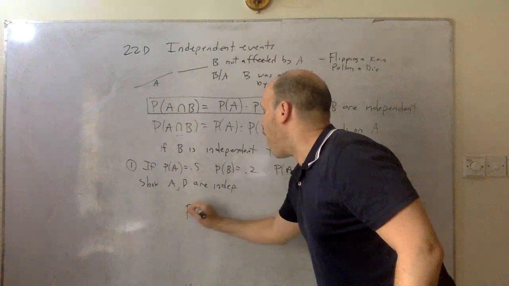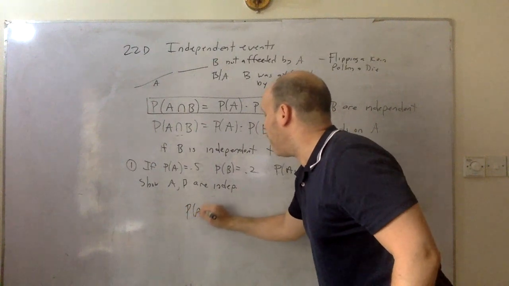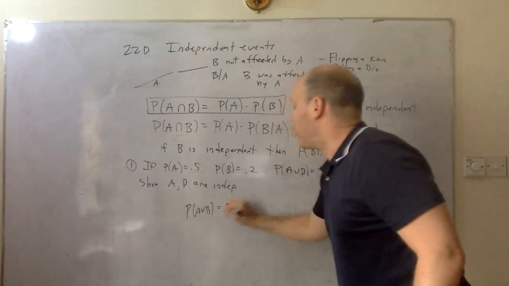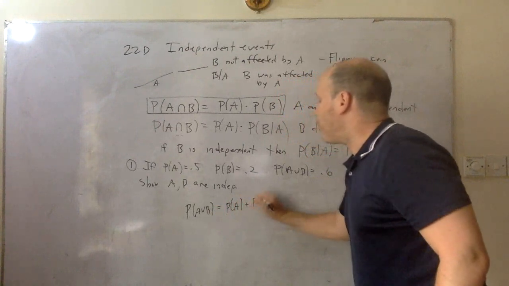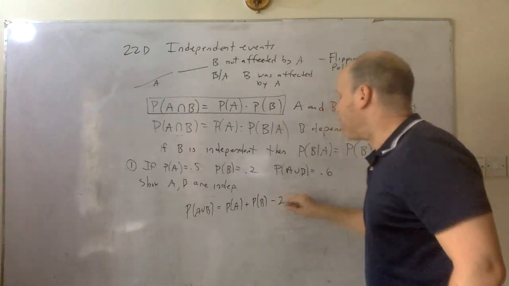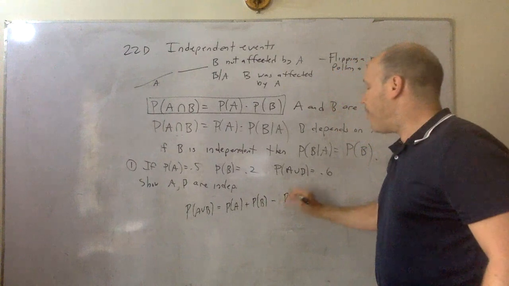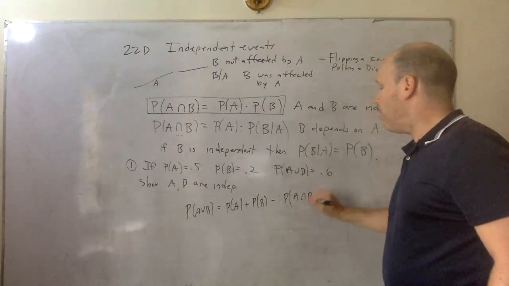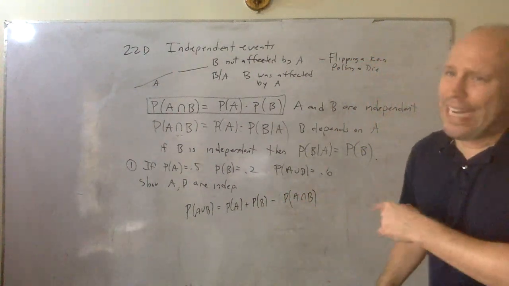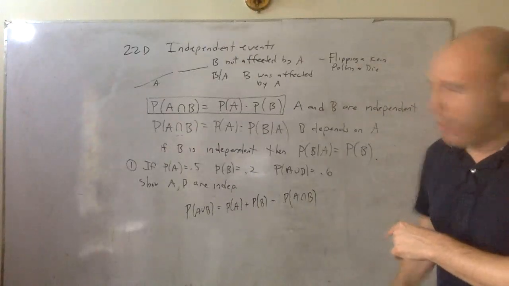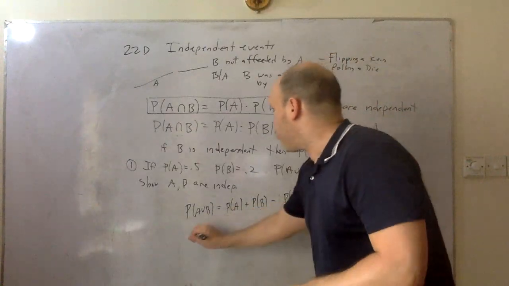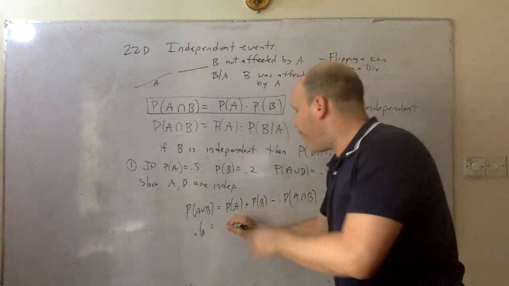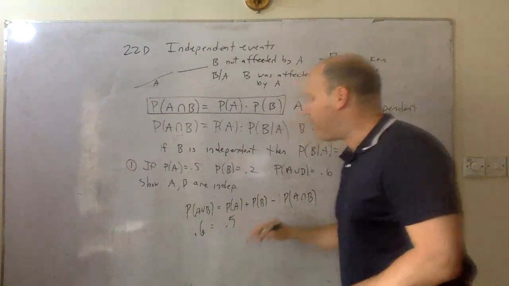So let's see. We know that the probability of A union B is equal to the probability of A plus the probability of B minus the probability of the intersection. On the IB exam, you wouldn't need to rewrite the formula down. We know that the union is 0.6. We know that the probability of A alone is 0.5.